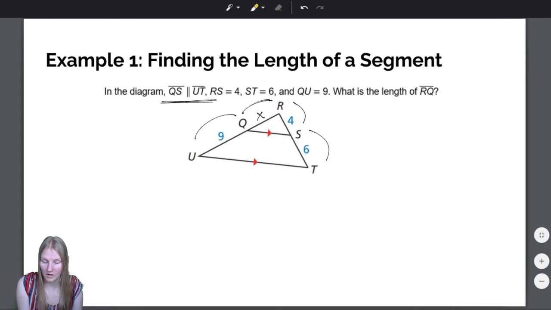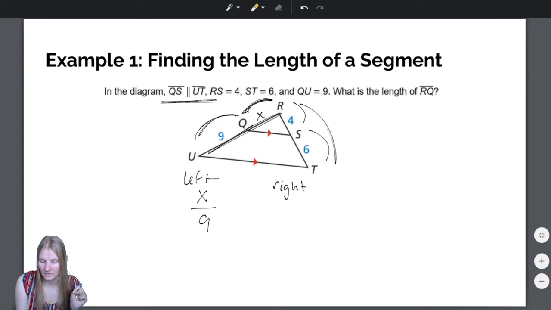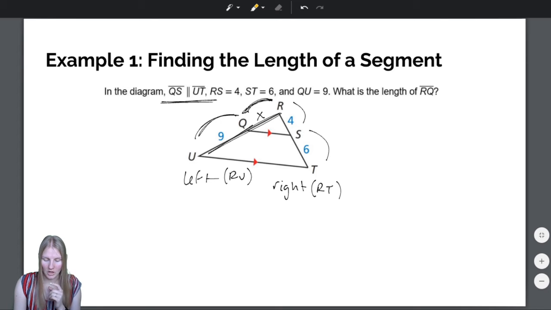So in other words, X to 9, the ratio of the left side and the right side. The left side is RU and the right side is RT. So the ratio X to 9 needs to be equal to the ratio of 4 to 6.